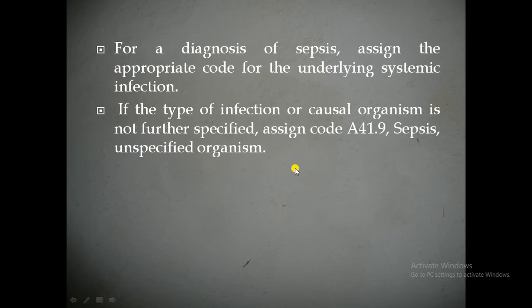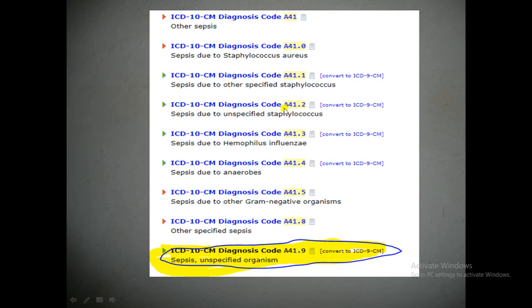Suppose in the medical report we don't know the organism or the type of infection, then we have to code A41.9, that is sepsis, unspecified organism.